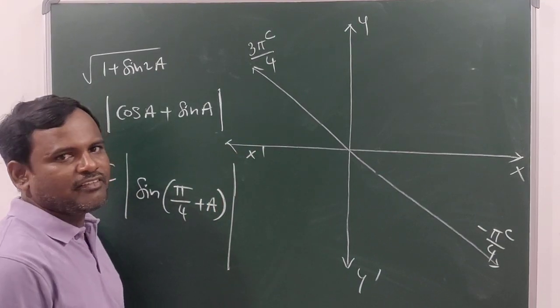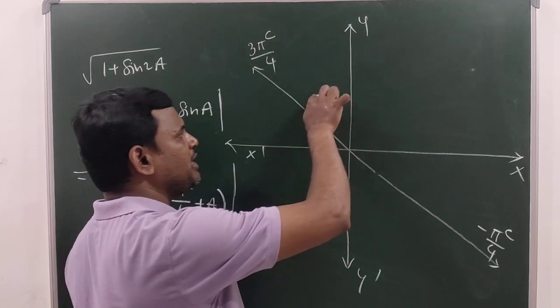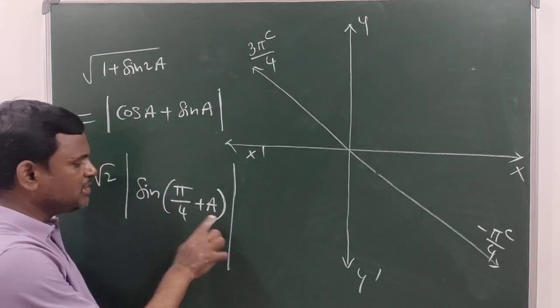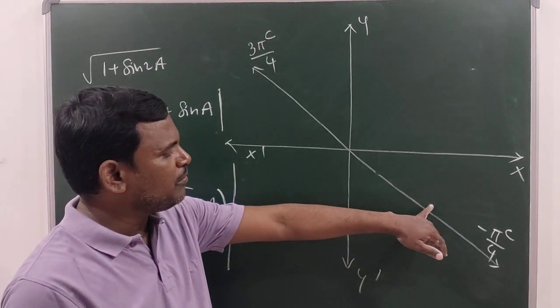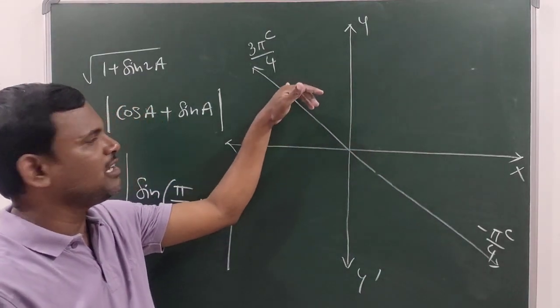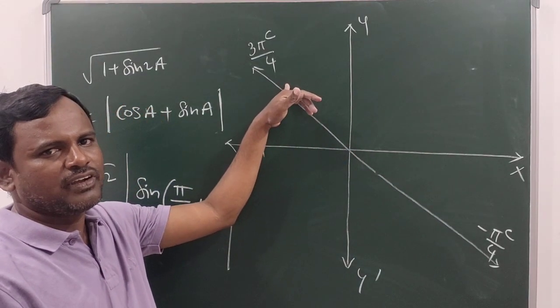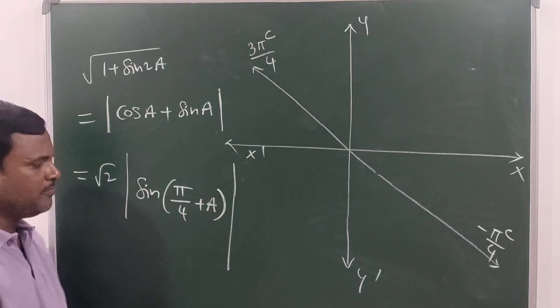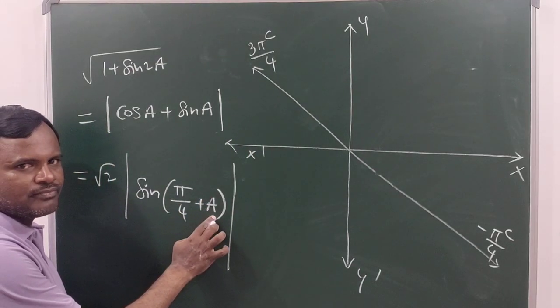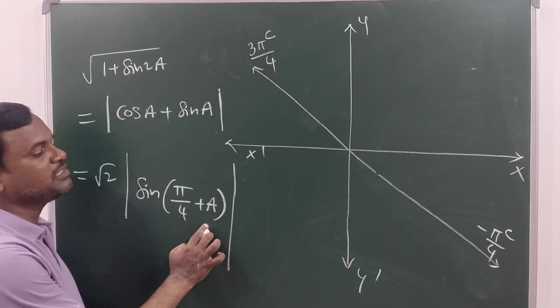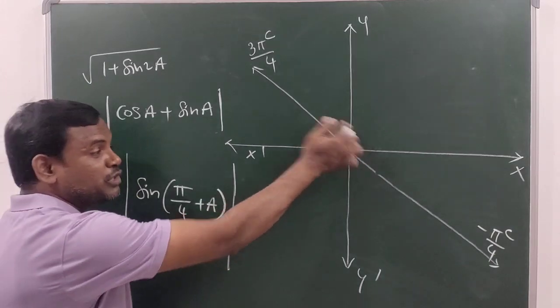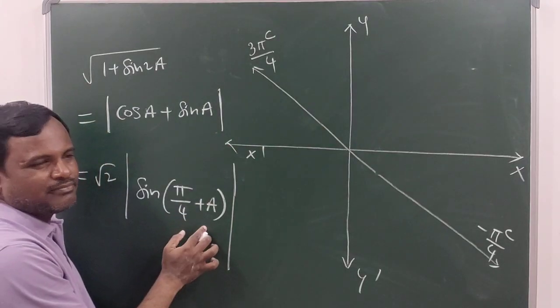Now, if you take any value from here to here, it is going to be positive. Am I right? Take any value from minus 45 till 135 and write here for A. And this angle will be positive, means this angle will be from 0 to 180.